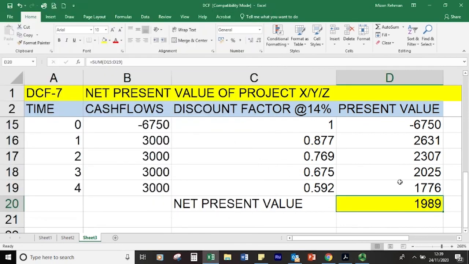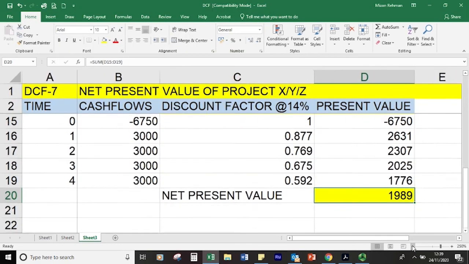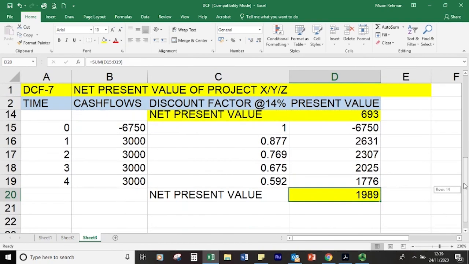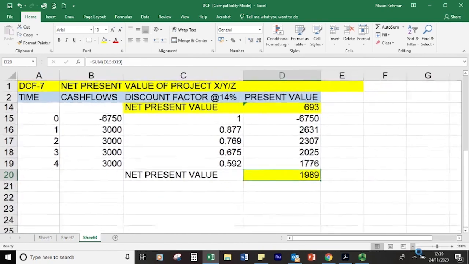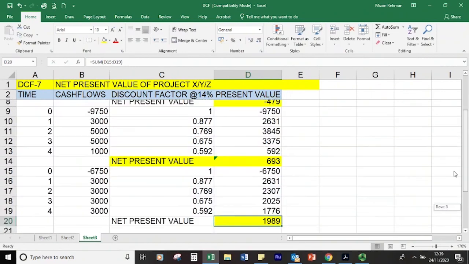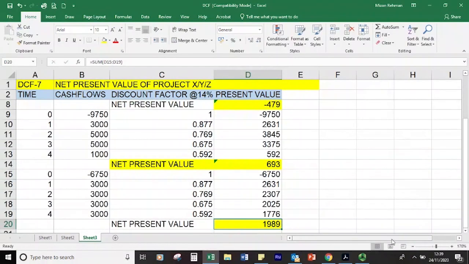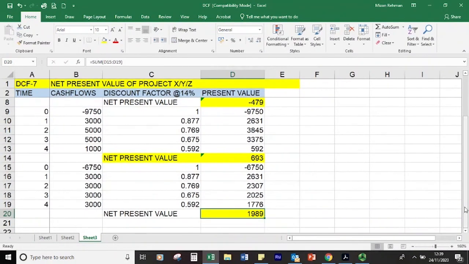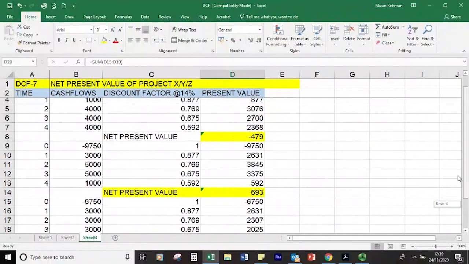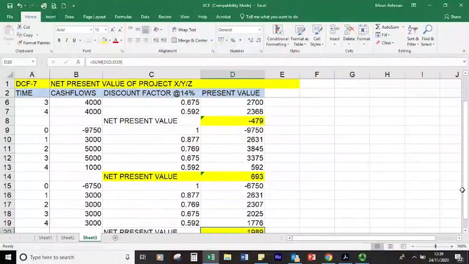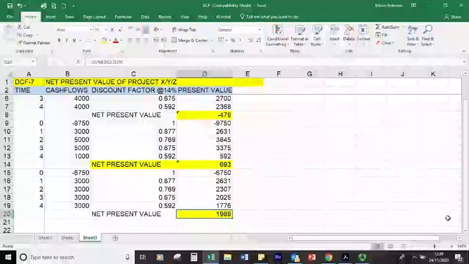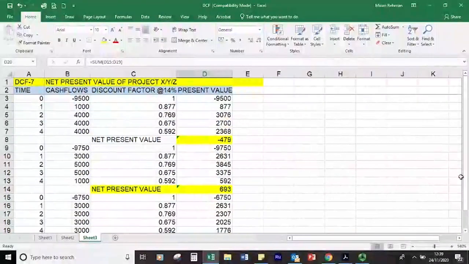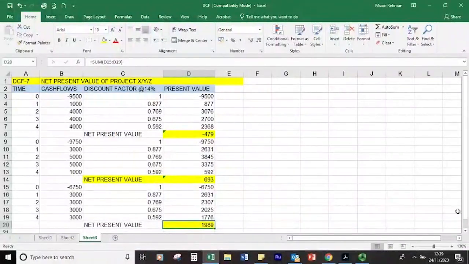So we can see that we have 3 projects, and one is giving us a negative NPV, and the other 2 are giving us a positive NPV. However, we can see that the NPV offered by project Z is a lot higher than project Y, 1,989.